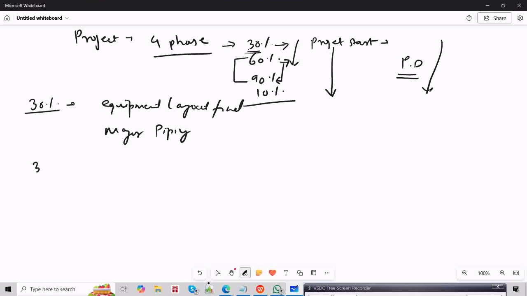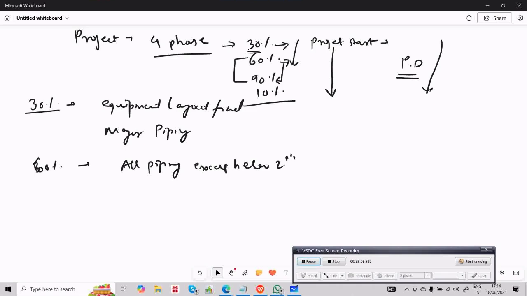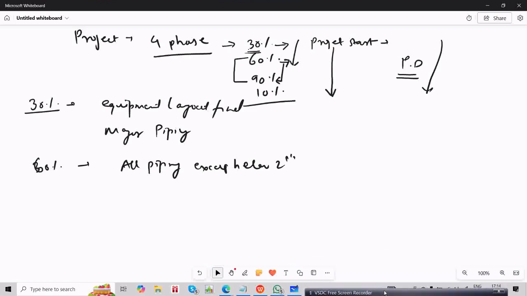At the 60% model review, all piping is done except below 2 inch, and stress analysis starts. So the stress engineer starts his work from here till 90%.